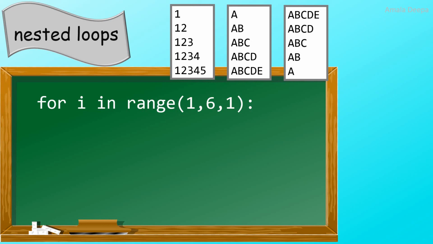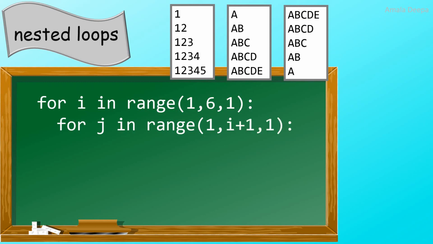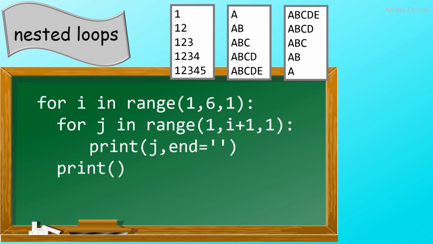For i in range(1, 6, 1) colon, and within this outer loop, you can write another loop: for j in range(1, i+1, 1) colon, print j comma end equal to empty single quotes, and here you have to give an empty print statement, then only you will get that 5 rows of output. So 3 programs I have shown you. We will see all these 3 in the Python IDLE.